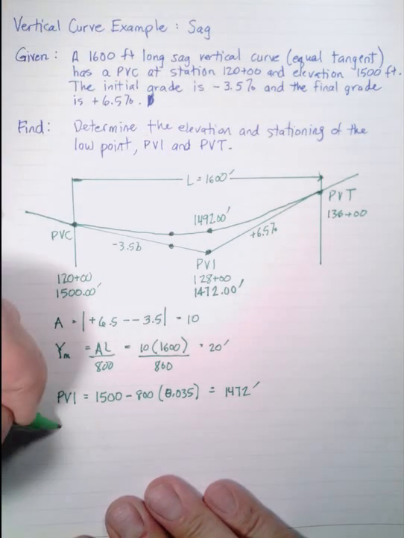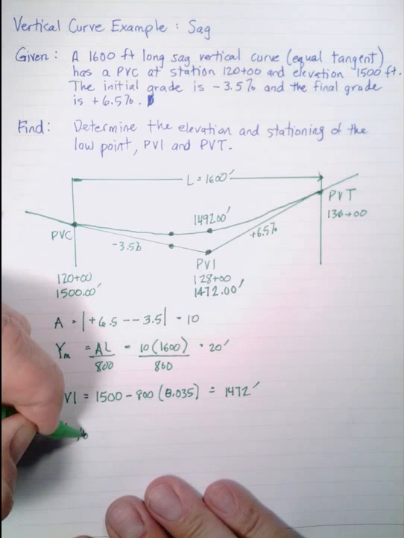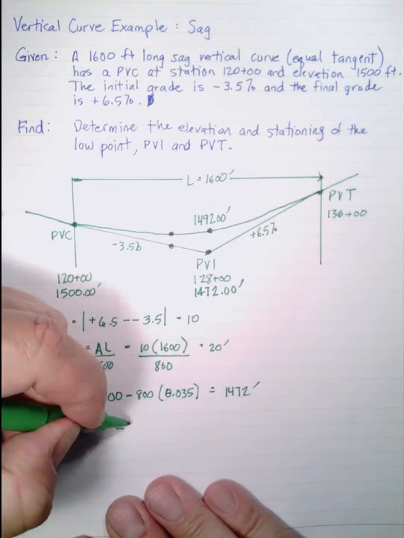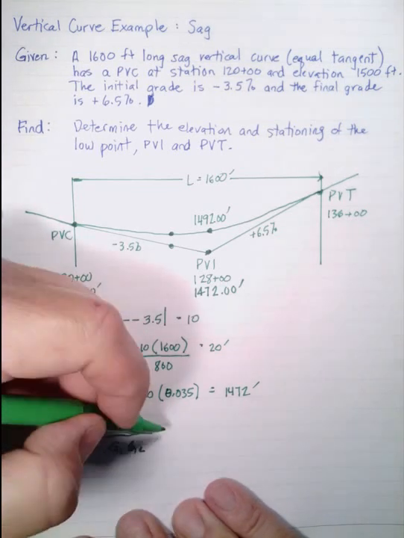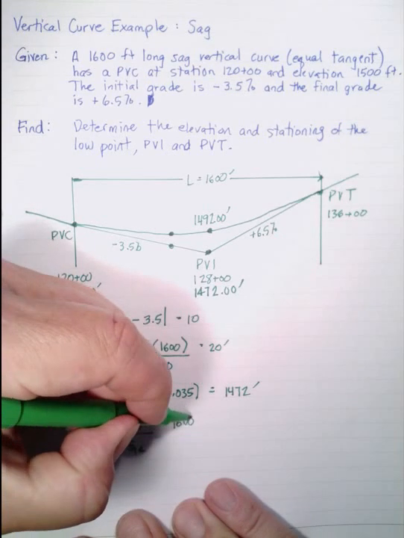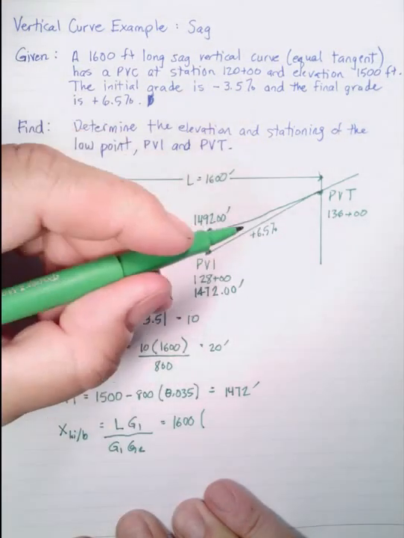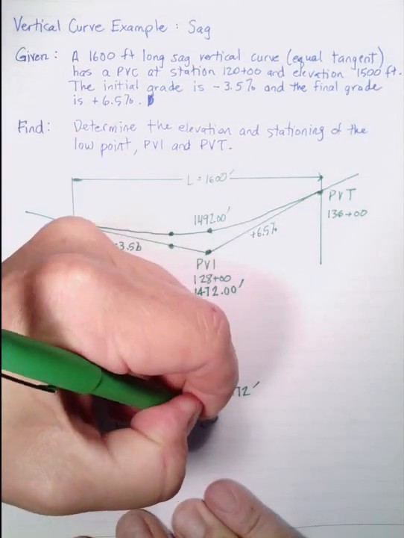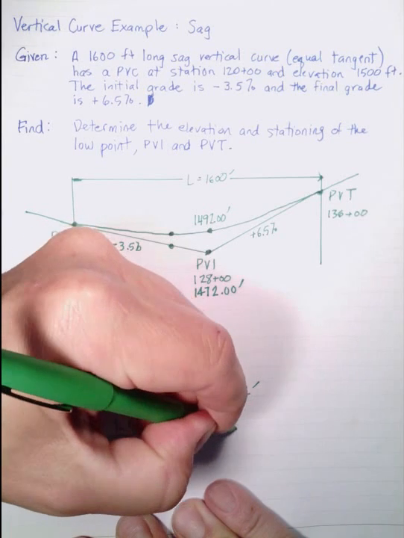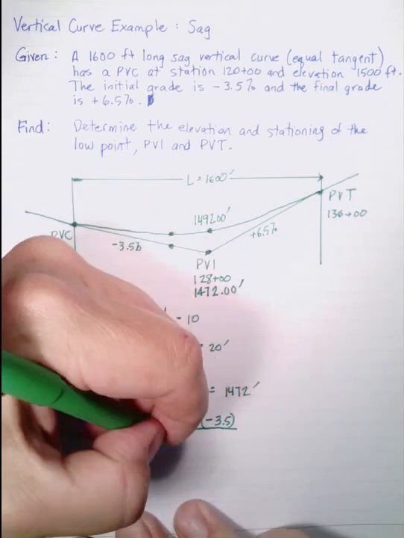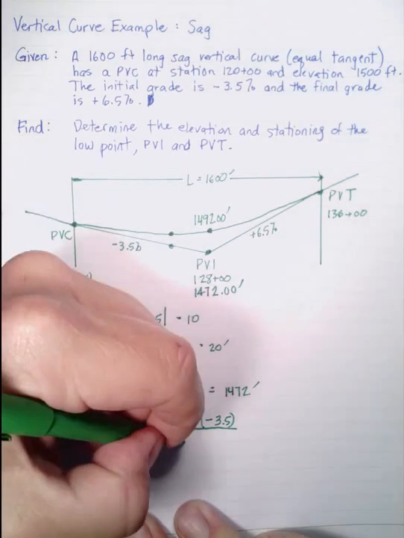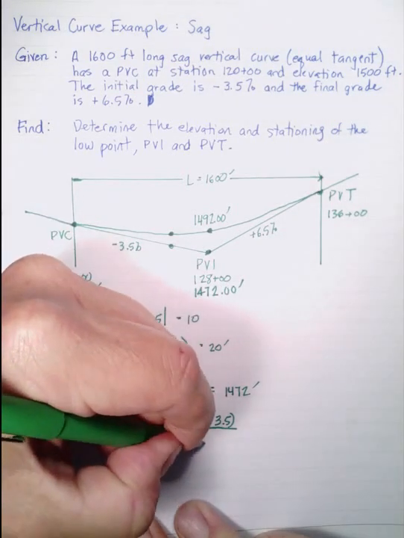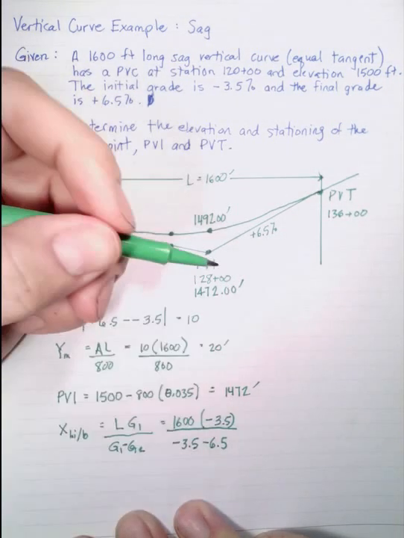And we're going to use the equation for x high low, which is the following: L G1 divided by G1 minus G2. So in this case, L is 1,600. And we keep the sign of the grades. So G1 is minus 3.5 as an integer. Minus 3.5 minus 6.5, which is G2.